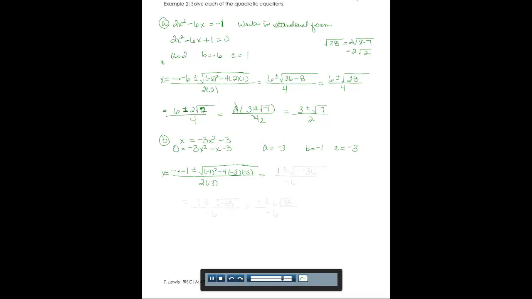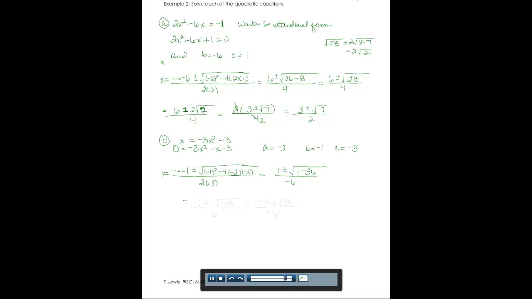So we have 1 plus or minus the square root of 1, and then we have 4 times negative 3 times negative 3, that is positive 12, and positive 12 times 3 gives us negative 36, all over 2 times negative 3, that is negative 6.